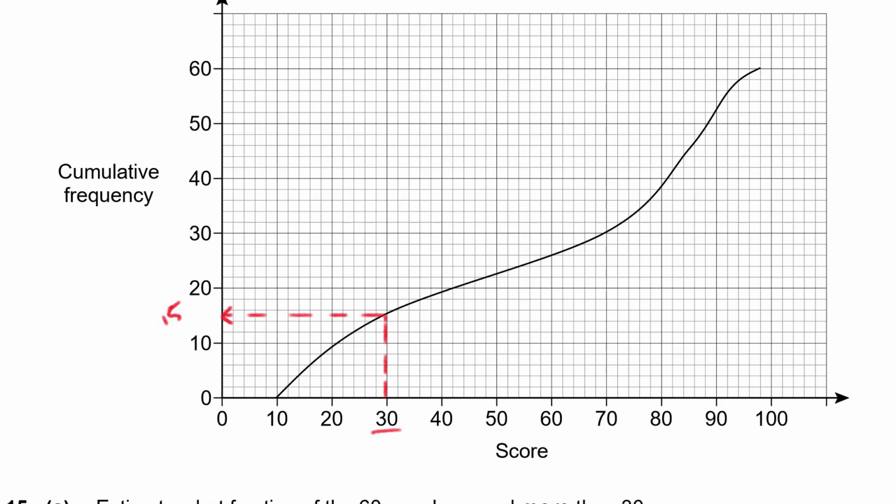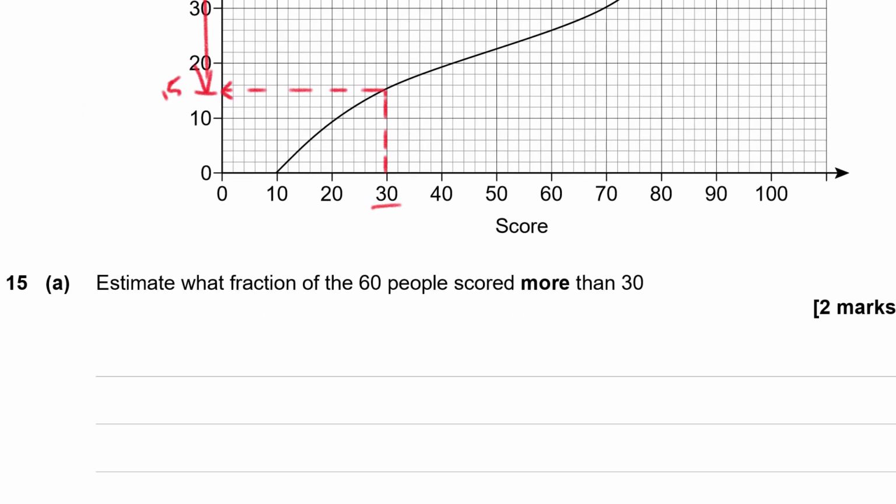Now, if we want to work out how many scored more than 30, then actually what we're looking for is the people from there to there. So the number of people between the mark 15 and 60. So I would estimate that as 60 take away 15, which is 45 people.